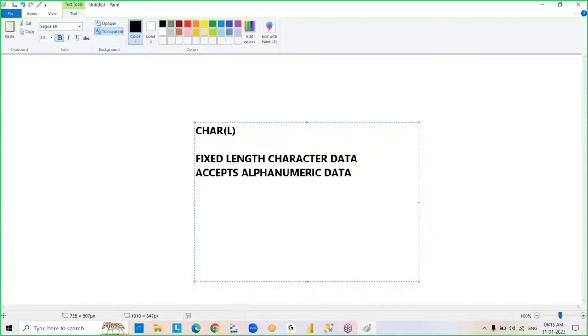Alphanumeric means a mixing of character and number. It accepts it. Then it provides good performance also. Performance means speed, the accessing speed of the database.